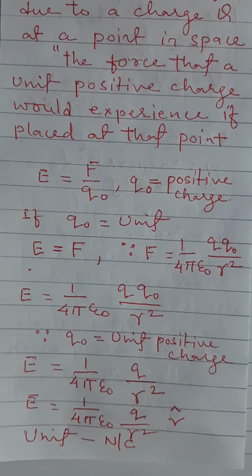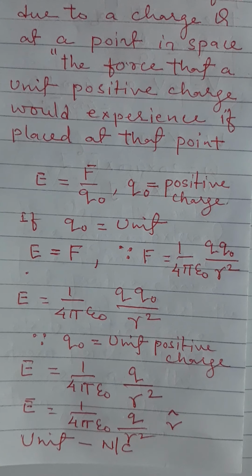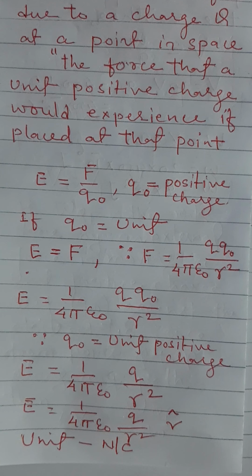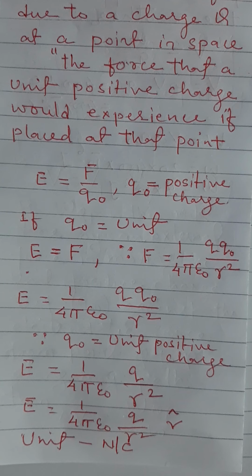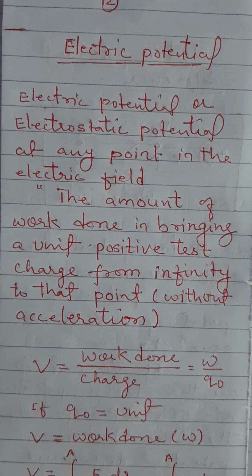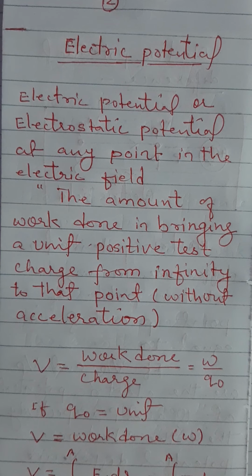Students, remember that q naught, the positive test charge, is unit, that's why q naught equals 1 and E is given by 1 by 4 pi epsilon naught q by r square. The unit of electric field is Newton per Coulomb.